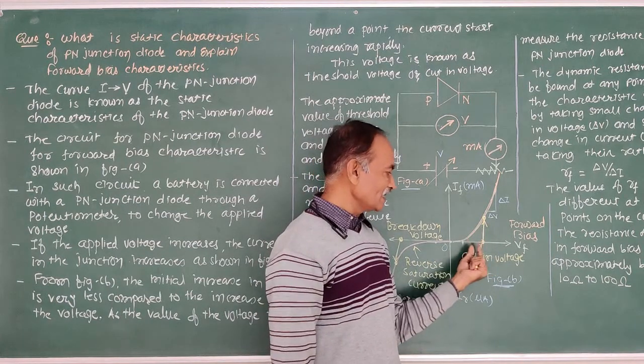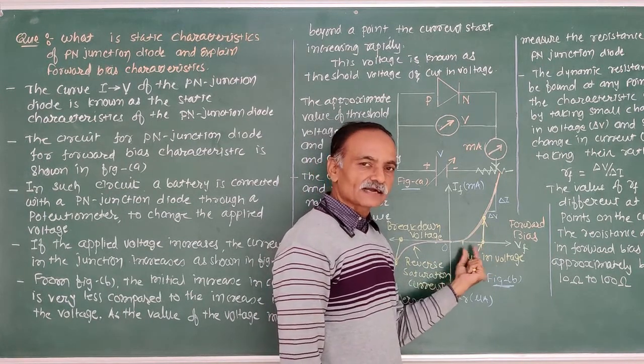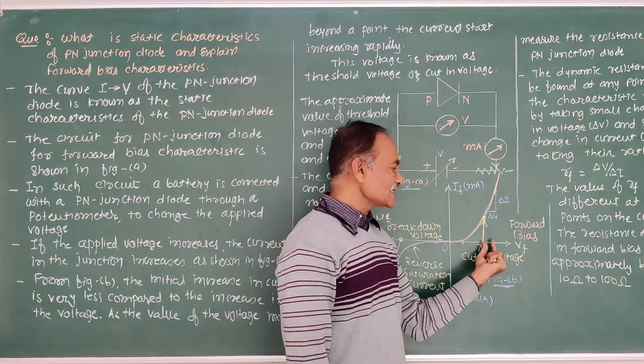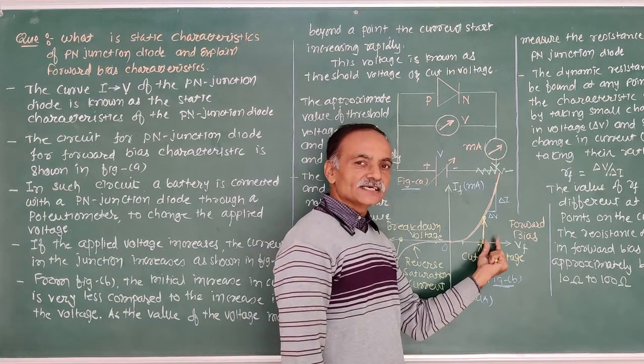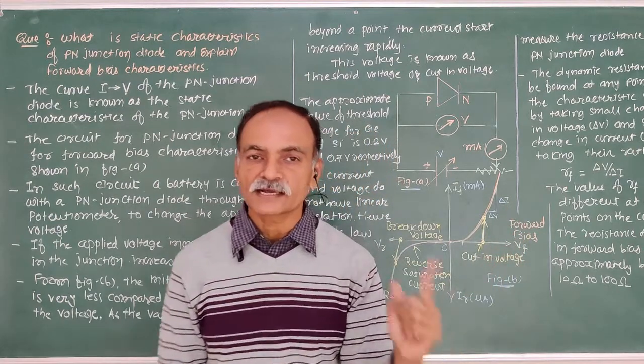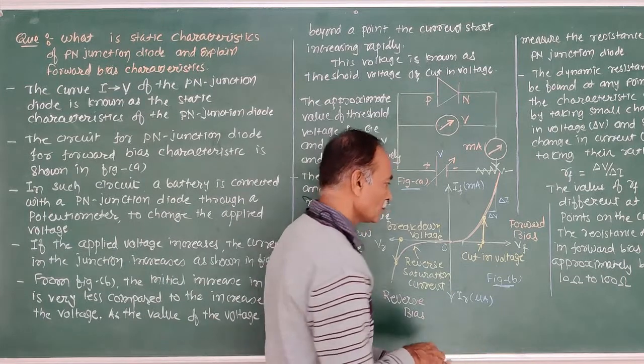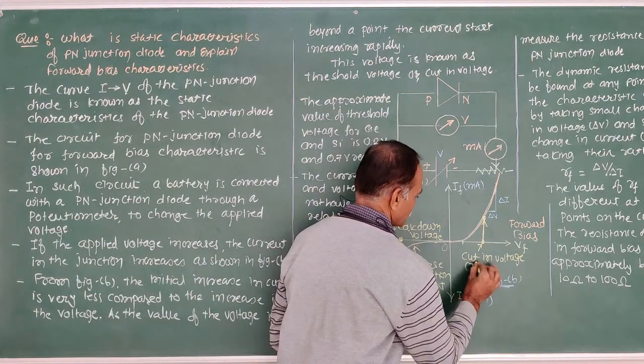Up to this voltage, the increase in current is less compared to the increase in voltage. Beyond this point, as the voltage increases slightly, a much larger increase takes place in the current. This voltage is known as the cut-in voltage or threshold voltage.